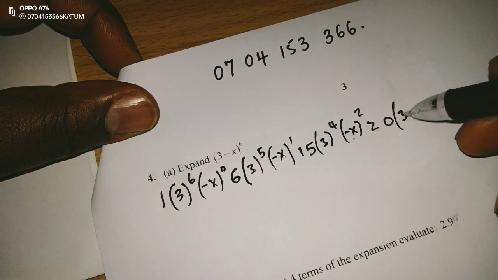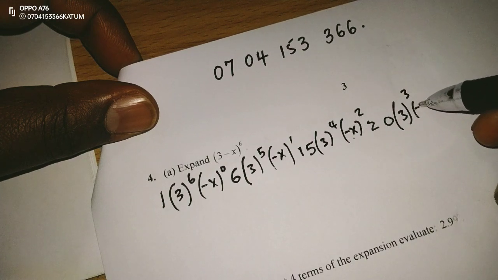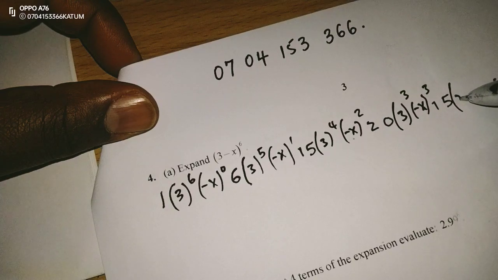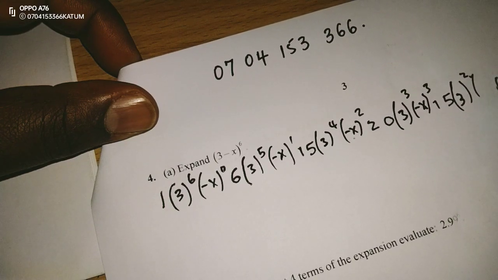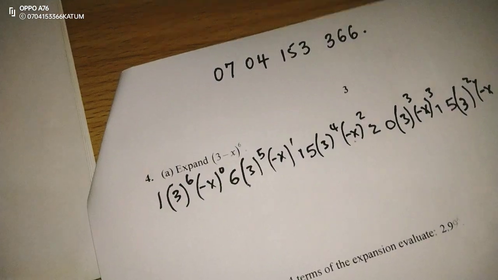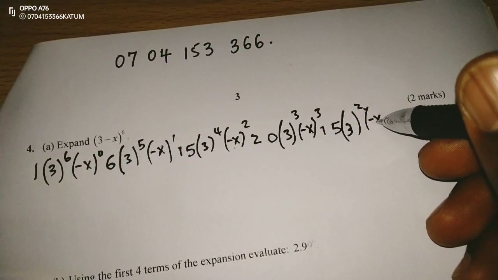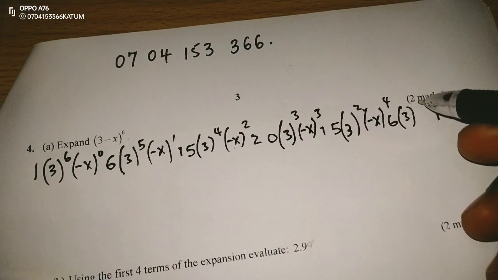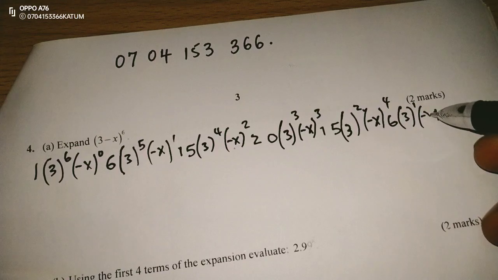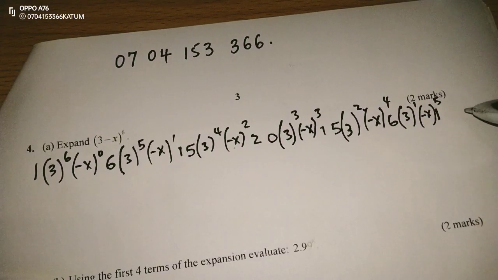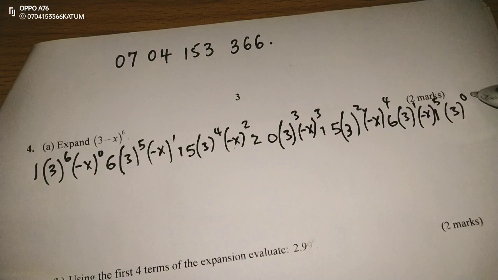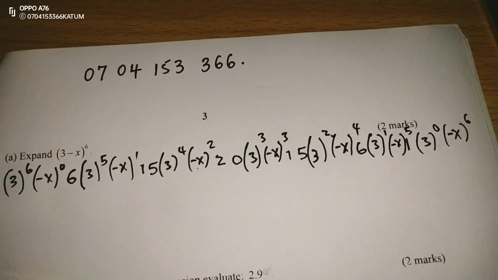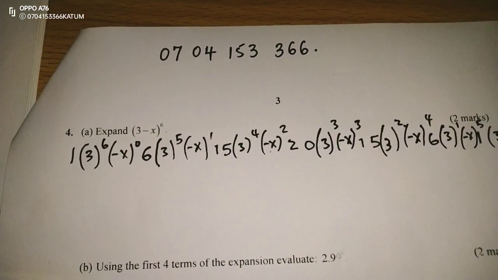We will have 3 to the power 3, negative x to the power 3 also. 3 goes to 2, but negative x increases to 4. In this case, 3 will be to power 1, but negative x increases to 5. Then finally, we will have 3 to the power 0, but negative x takes power 6. So that is how they operate.